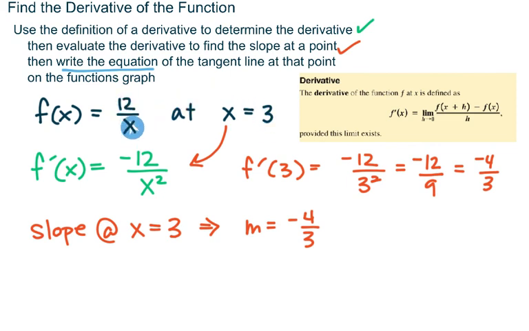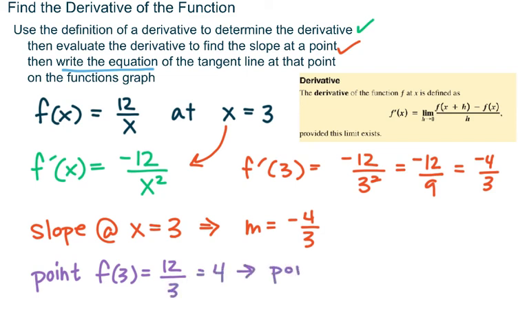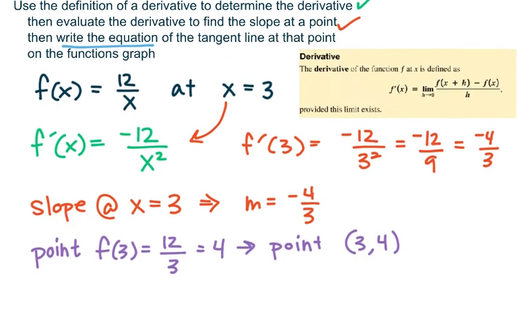However, it's pretty easy to get that, because I'll take 3 and plug that into the original function. f of 3 is 12 over 3, or 4. So I have a point: plug in 3, get out 4. The point came from my function, the slope came from my derivative.